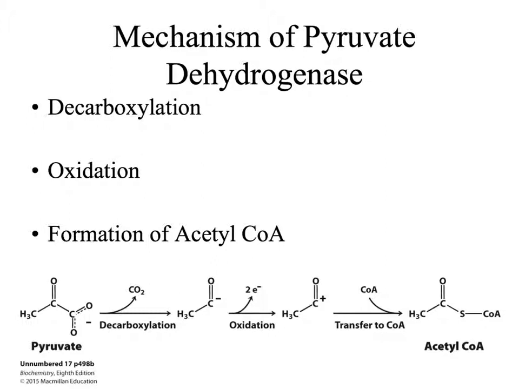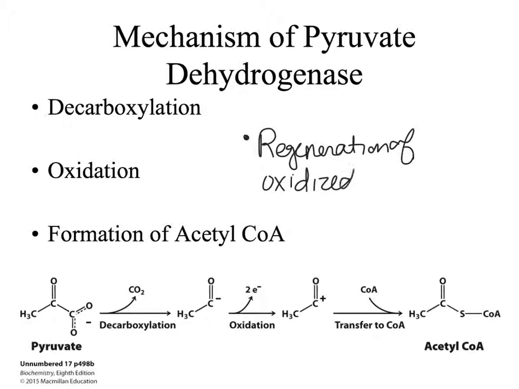So the mechanism of the pyruvate dehydrogenase complex is very complex and involves a number of steps. These steps include decarboxylation, oxidation, formation of acetyl-CoA, and then one which was cut off here when I converted the file, regeneration of oxidized lipoamide.